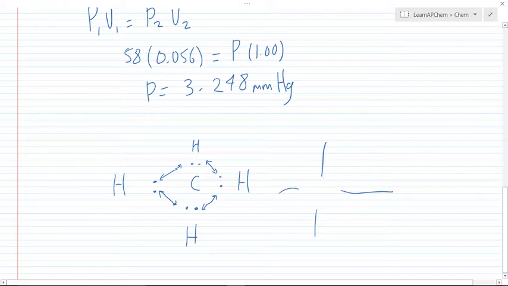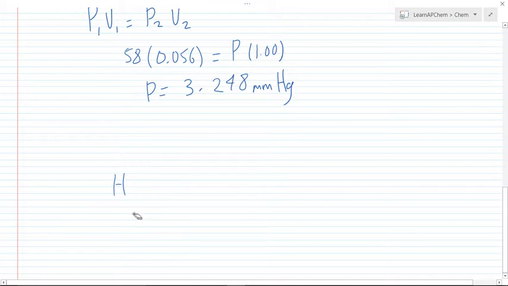That's all VSEPR theory says. It's a very complicated name and abbreviation for something pretty easy to understand: the electrons repel each other, and because of that we can predict what shape and bond angles are going to be.